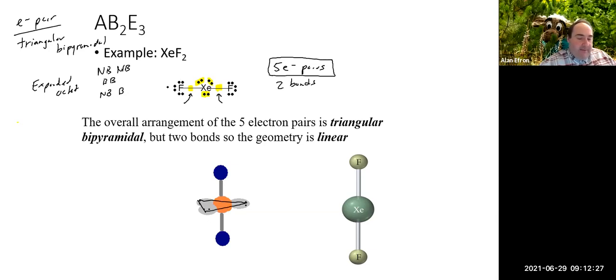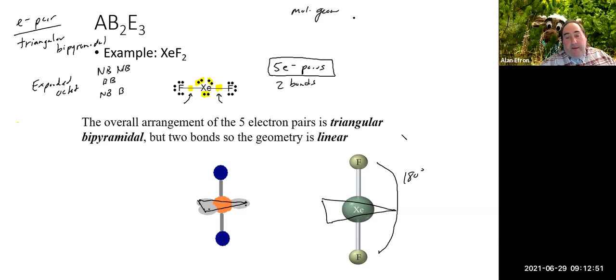And that allows the bonding guys to end up 180 degrees apart from each other in a linear geometry. Because those non-bonding guys spread themselves out in this triangle form, the bonding guys are able to spread out to 180 degrees. And that will give us a molecular geometry of linear in this case.